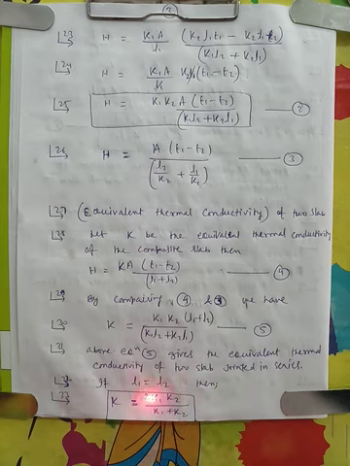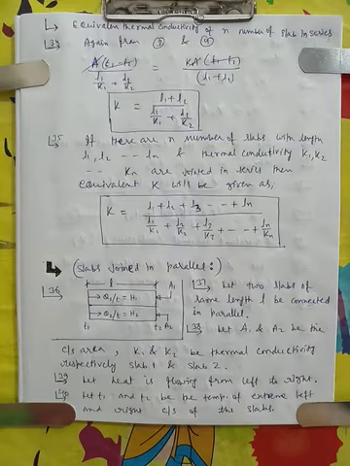So this is the equivalent thermal conductivity in case the lengths of both slabs are the same. If the lengths are not the same, then the earlier equation will be followed. If the lengths are the same, then this can be applied. So we have found the equivalent thermal conductivity for two slabs.